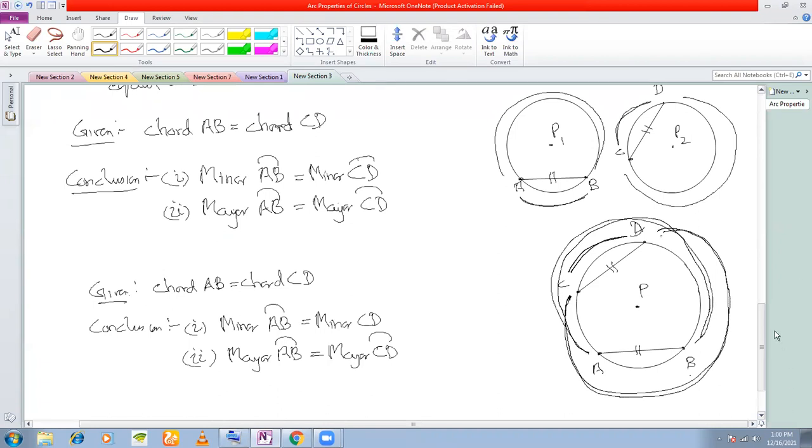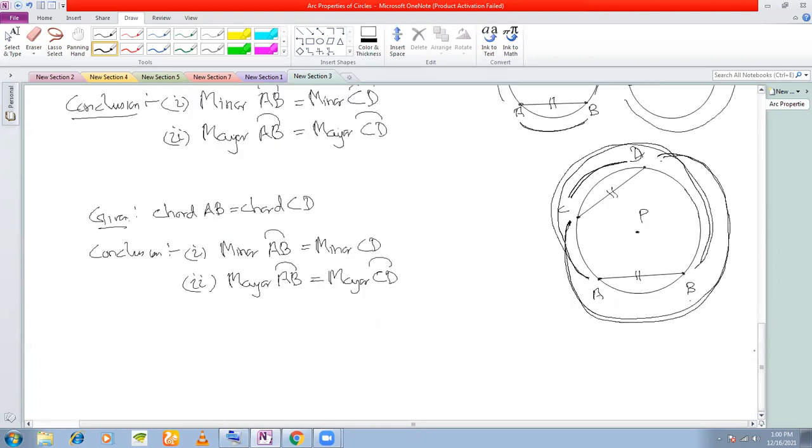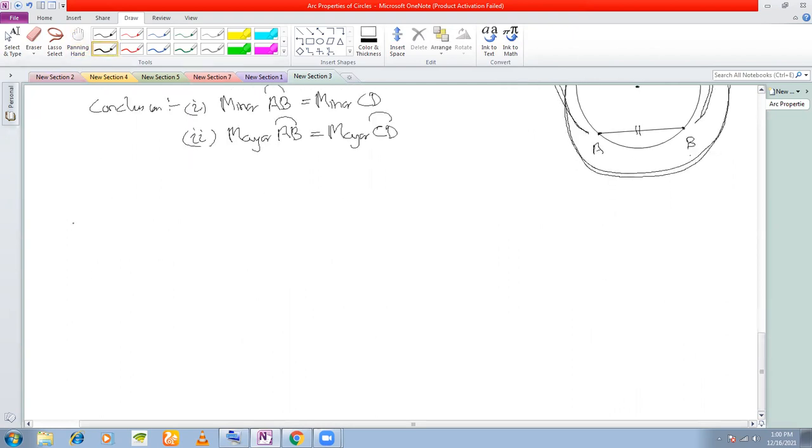Okay. So this is theorem 2. We'll now discuss the converse of theorem 2. Now this is just a difference between what is given and what you conclude. So here, equal chords were cutting off equal arcs. Here, equal arcs means equal chords.